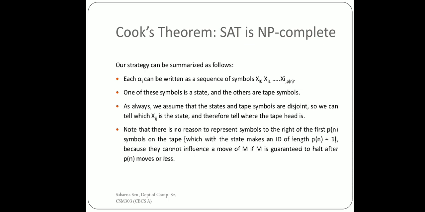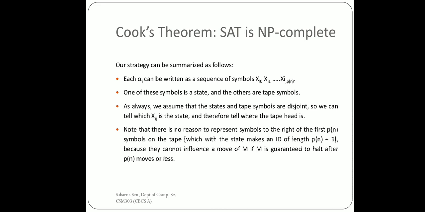So there were tape symbols and only one state symbol. The representation of the sequence of symbols should follow the same pattern, okay. As always we assume that the states and the tape symbols are disjoint, so we can tell which X_ij is a state and therefore tell where the tape head is.